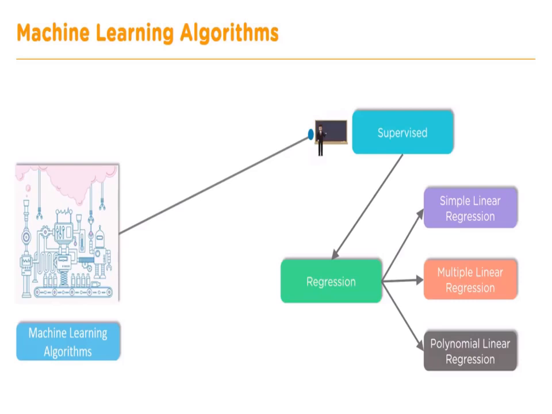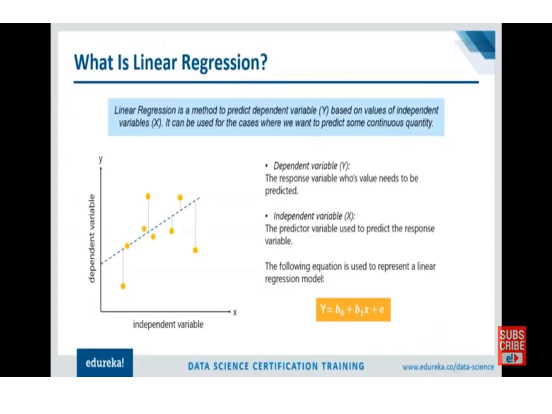Regression is a part of supervised learning. There are multiple types of regressions such as simple linear regression, multiple linear regression, and polynomial linear regression. In this lecture we will discuss linear regression and logistic regression.